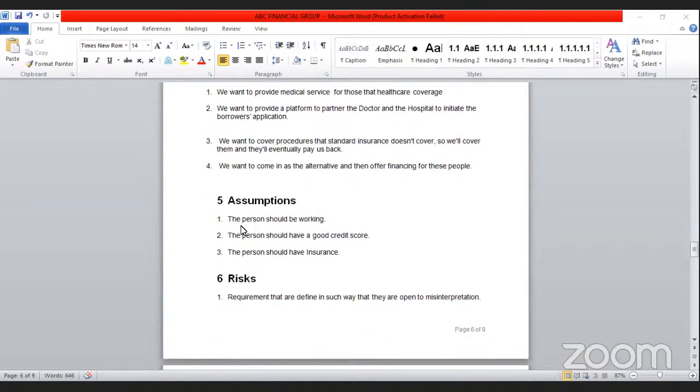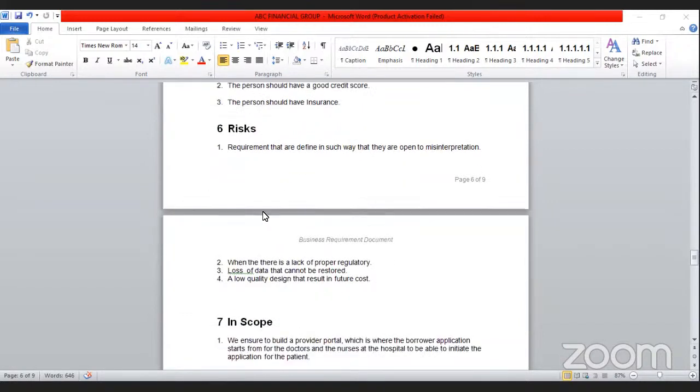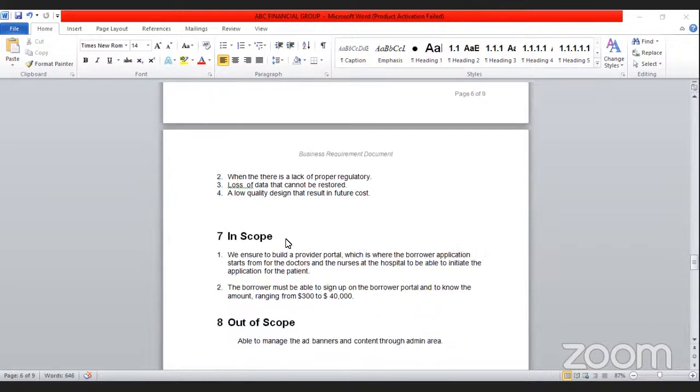As for assumptions, the person should be working, should have a good credit score, and should have insurance. As for risks, we have number 24, a lack of proper regulatory, loss of data that can be restored, and a low quality design that results in future costs.